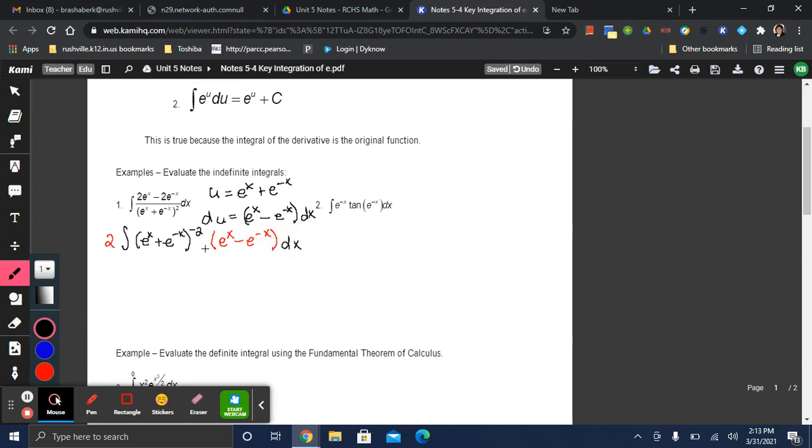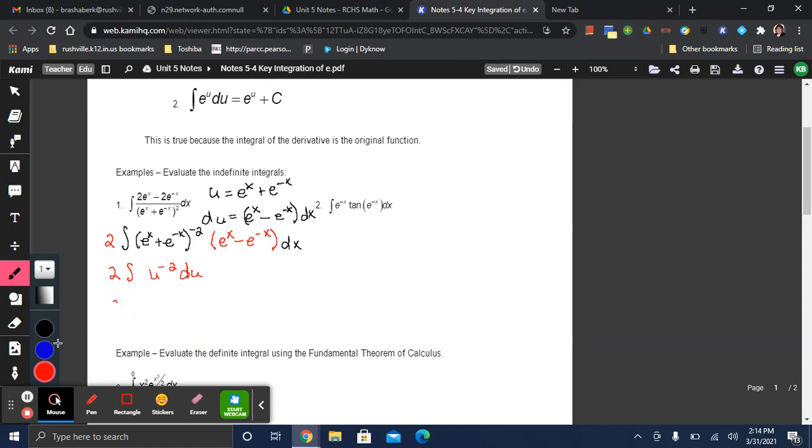So this gives me the u that I needed. This would be the u, and here is the du. So I can integrate u to the -2 du. And then that's just the power rule.